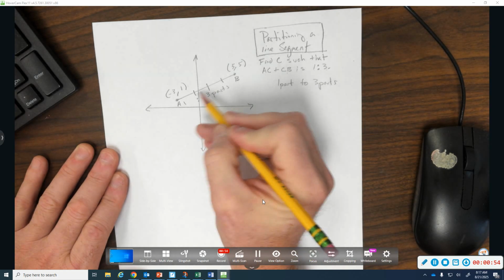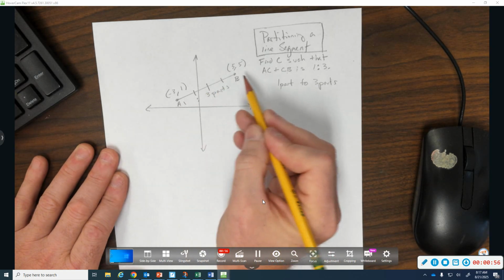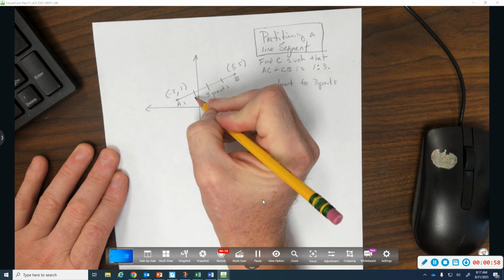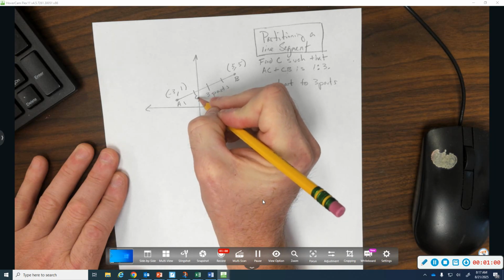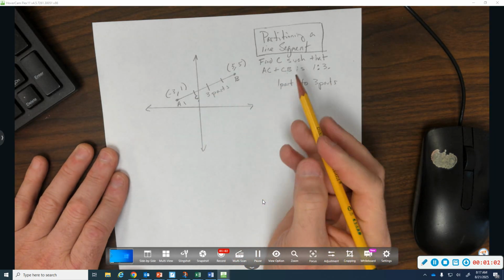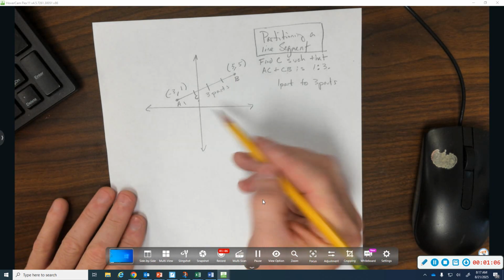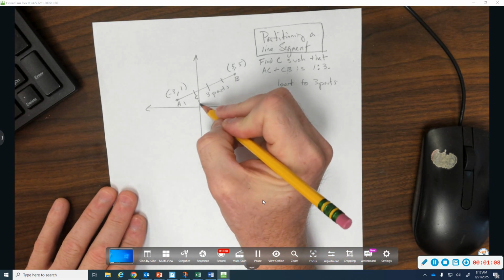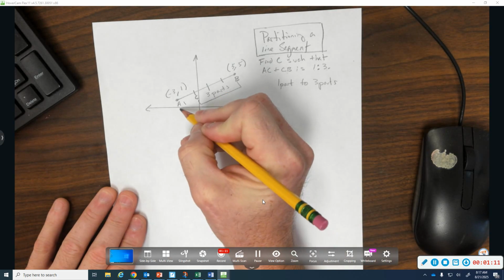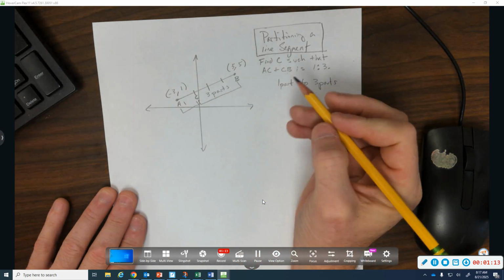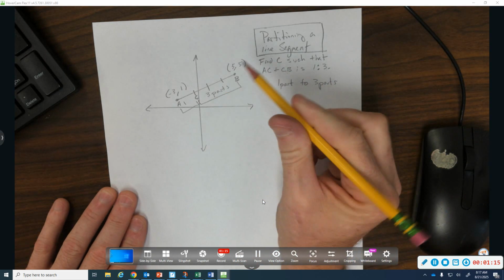And if you look, I have these 3 sections from here to here, and so C is going to be somewhere around here. Now this is an approximation, but we can use some calculations to be exact. So now this is just the idea. I have these 3 parts right here, and this 1 part right here. That's the idea. So how do you go about doing that?